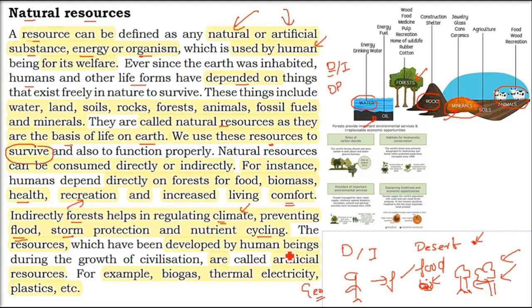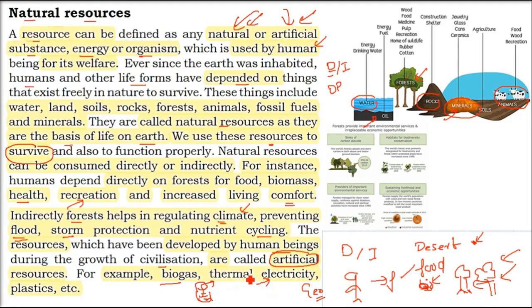See, there are resources which are naturally occurring, but there are certain resources which are created or developed by human beings. And these are called artificial resources. I told you about natural resources. Now I'm talking about artificial resources. What are these artificial resources? The resources which we have created over time. For example, biogas: all the waste material, the dung, the excreta, if you combine them and put it somewhere for some time, it will create gas.